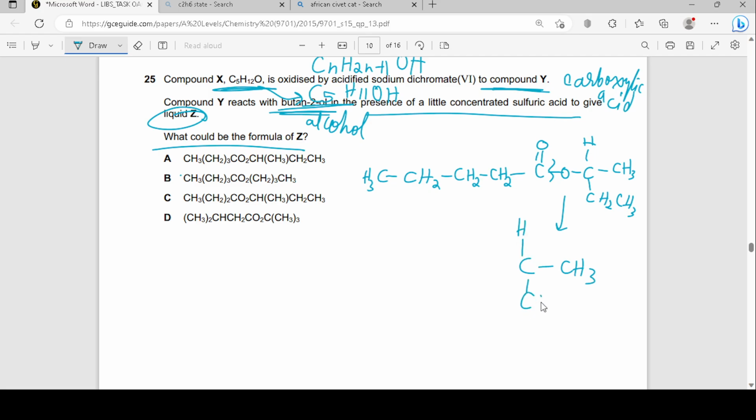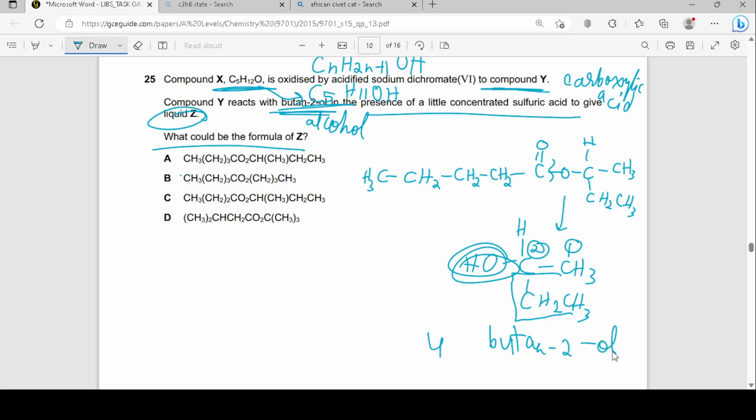CH3, CH, CH2, CH3, OH. Okay, so the butane chain is one, two, three, four carbon atoms, and then I start counting from here. Then this is one, two. So that does seem to be butan-2-ol because the alcohol is on the second carbon atom, right? It does give me butan-2-ol definitely.